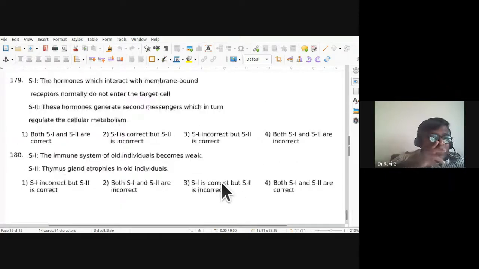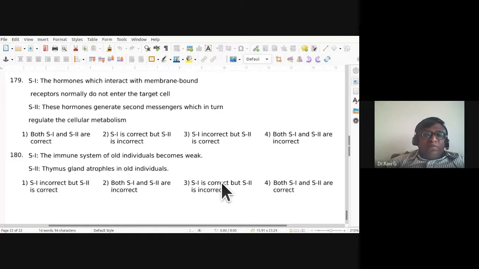Statement 1, the hormones which interact with membrane bound receptors normally do not enter the target cells. Statement 2, these hormones generate second messengers, which in turn regulate the cellular metabolism. So these are the two statements that they have given.